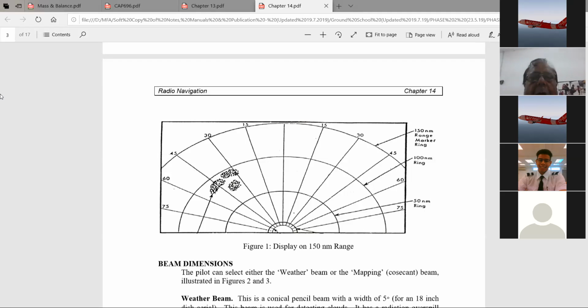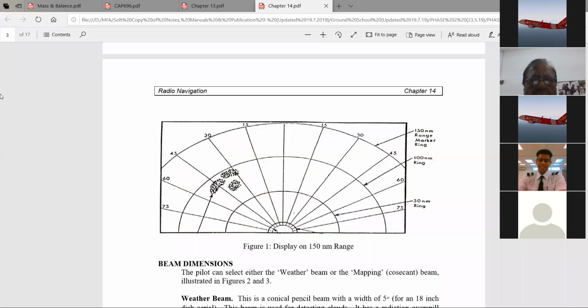As I said, in the case of the weather beam, you have a beam which transmits a vertical overspill directly towards the ground. After striking the ground, this beam comes back, giving you the indication of what height you are operating at.